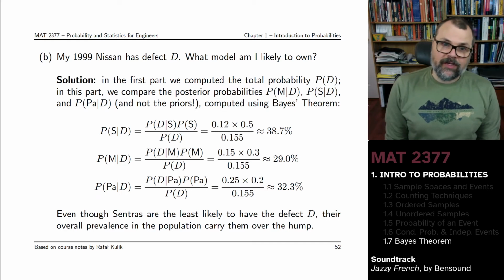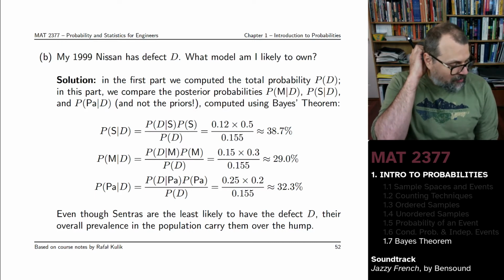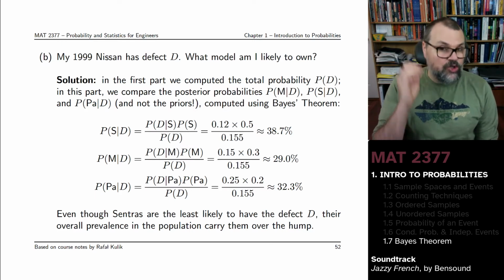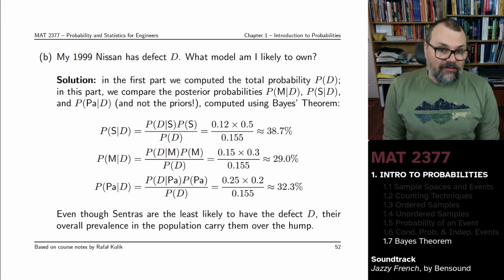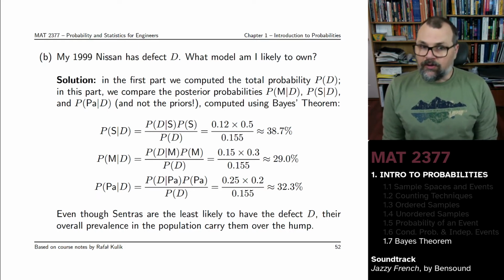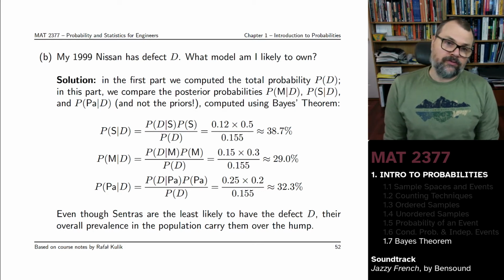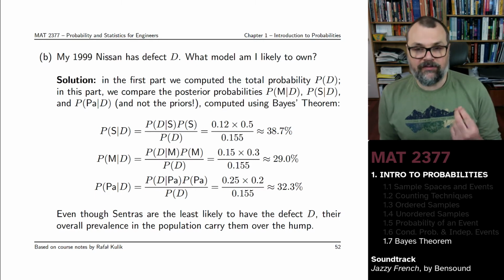What's the probability that you have a Maxima if it has a defect, or that you have a Centra if it has a defect, or that it's a Pathfinder if you have a defect? You're not interested in the prior. You're not interested in the probability of M, of S, or of PA. You're interested in these probabilities given that a defect has been observed.